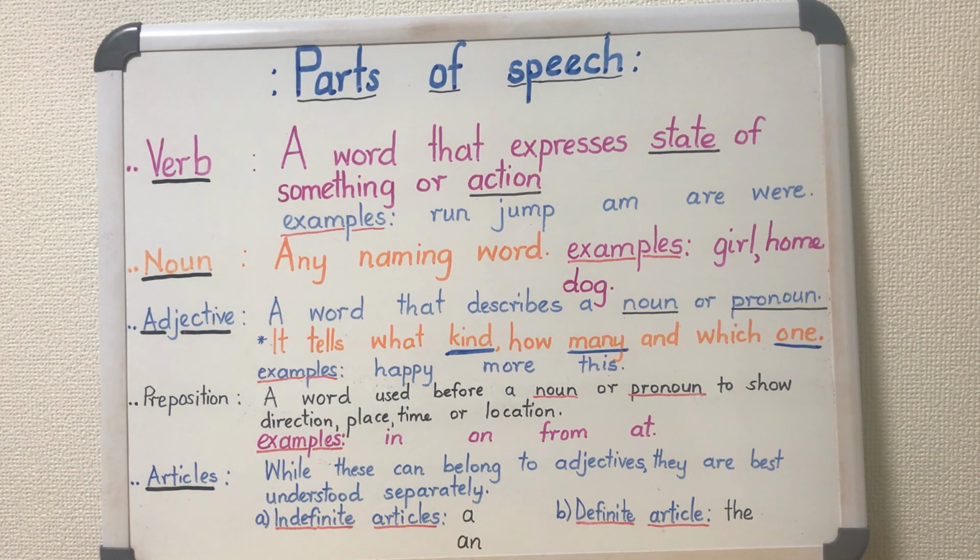The next aspect of the language or parts of speech that we will look at is a noun. The simple explanation of a noun is any naming word that you can think of, any naming word around you. Look at things around you. Look at things on you.